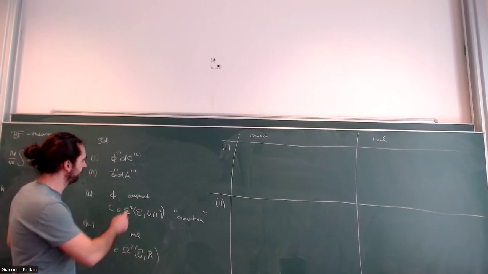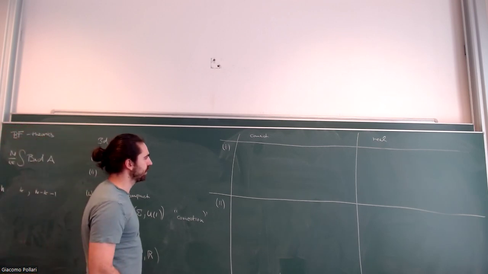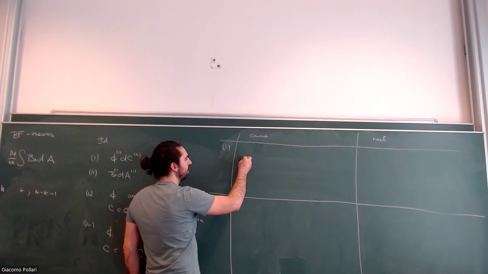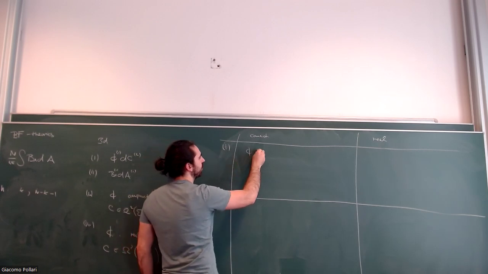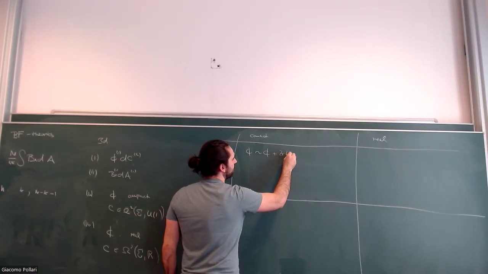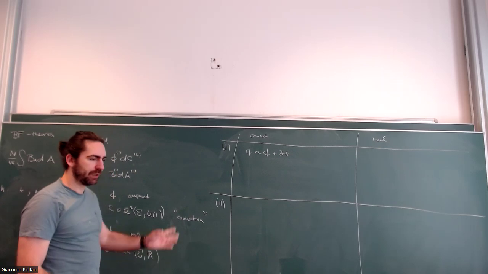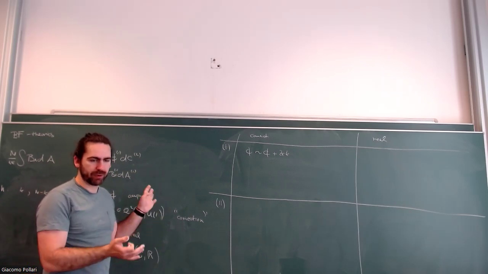Let's see. So if phi is compact, that means that it's defined up to a 2 pi shift, right? And that means that phi in and of itself is not a good operator.